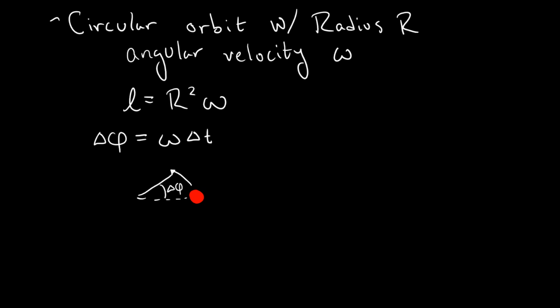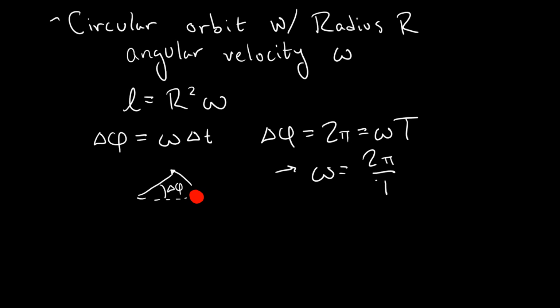But if I want to relate this to the orbital period, I have to figure out when this goes around the full circle, in which case delta phi is equal to 2 pi. This should be equal to omega times the change in time, which we've defined as the orbital period, which means that omega I can relate to the orbital period as just 2 pi over T.